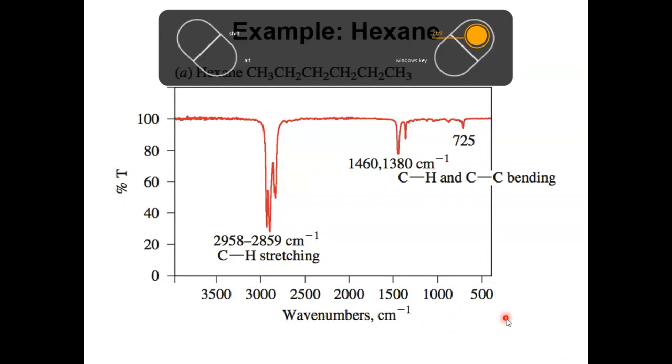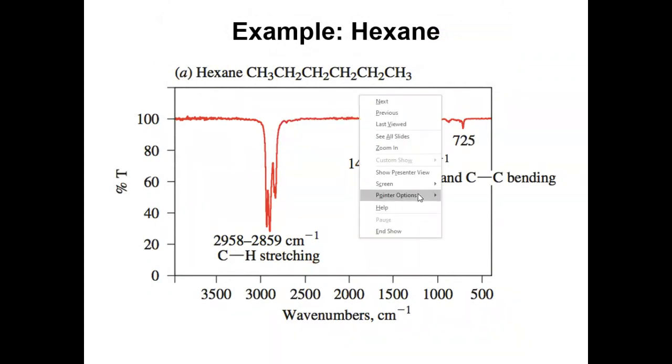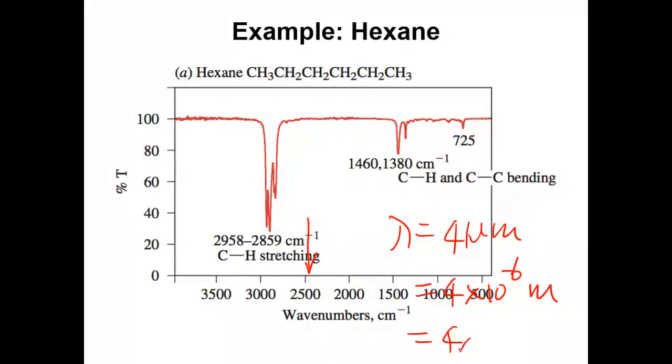So like here, if we look at this one, 2500 reciprocal centimeter, what does that mean? That means the infrared photon wavelength equals 4 micrometers. 4 micrometers is 4 times 10 to the minus 6 meter, which equals 4 times 10 to the minus 4 centimeter.